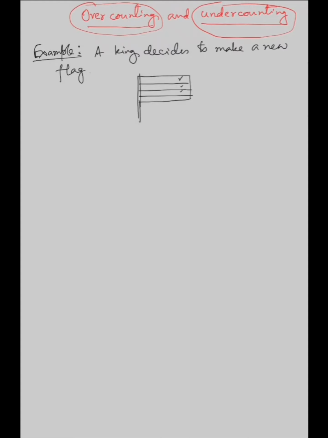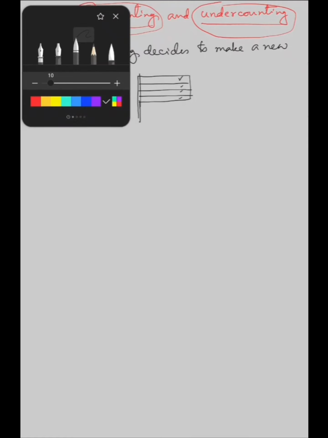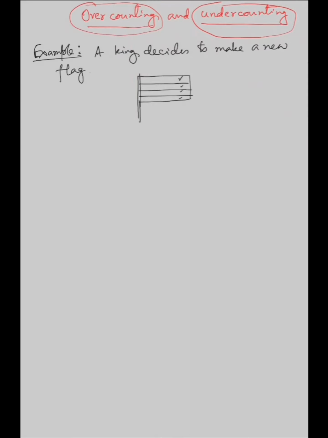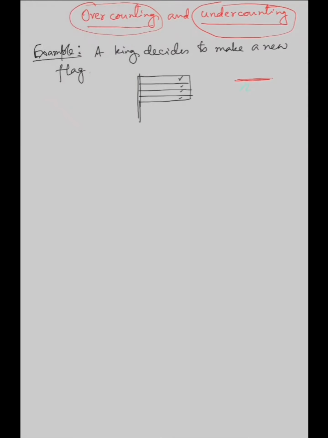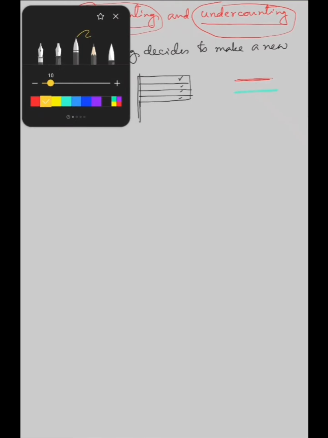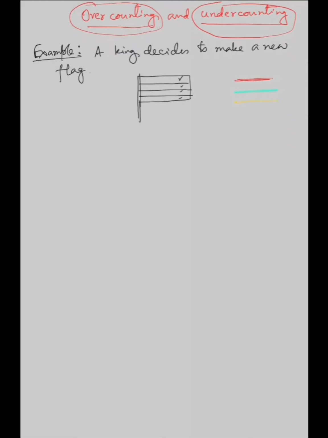One, two, three, four bands are there in the flag, but he has chosen only three colors. One of them is red, one is green, and one is yellow. So he has chosen these three colors.